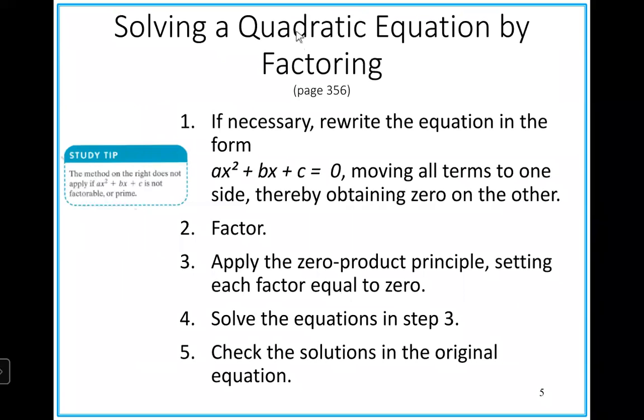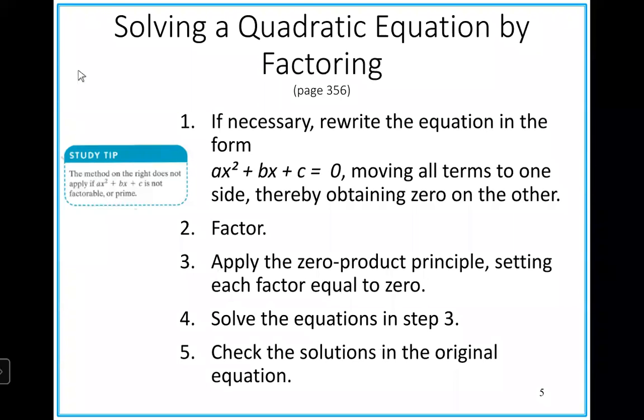So we use that principle because if you write the equation in this form where it's equal to 0, we can factor the equation. And when we factor the equation, it's going to say that either one of those factors has to be 0. And so we could solve each of them as if each of them was 0 and get the solution for our equation.